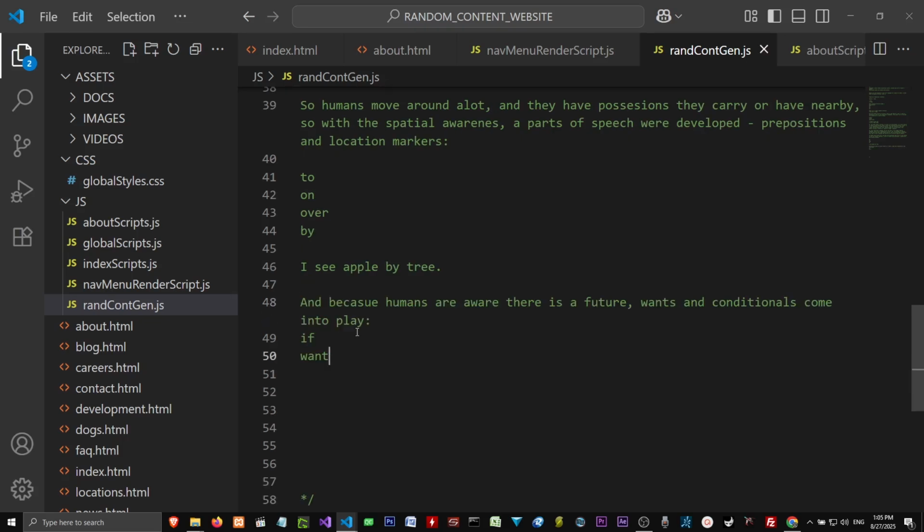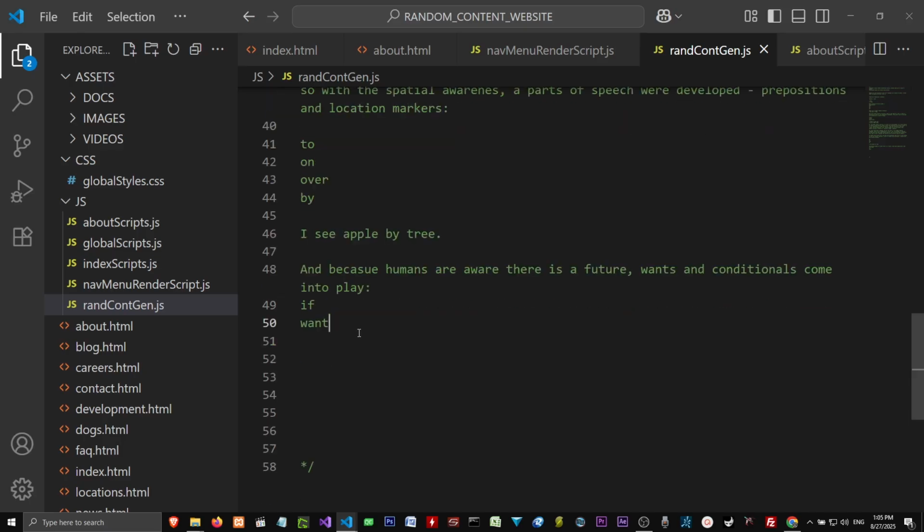But because humans are aware that there is a future, we also needed to develop sounds that would represent the concept of wants, needs, and conditionals. And that's how they come into play. Like if, want, and need.